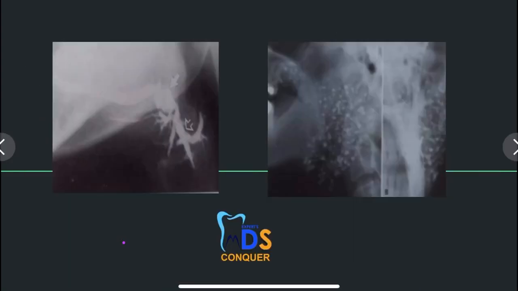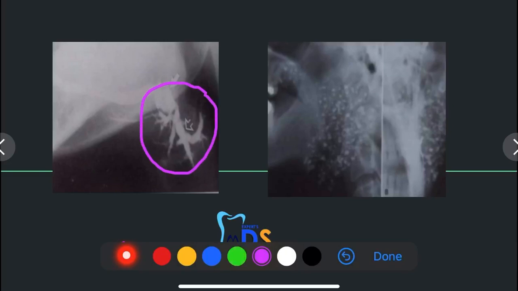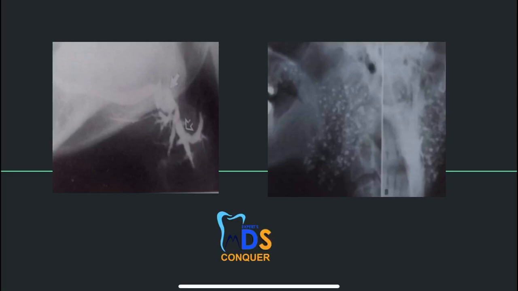And now if you see, this is a sausage string appearance. Okay, sausage string appearance is seen in sialodochitis, that is inflammation of salivary gland ducts. And this is a cherry blossom appearance, as we know it is seen in Sjogren's syndrome. Okay, so these are the sialographic appearances.